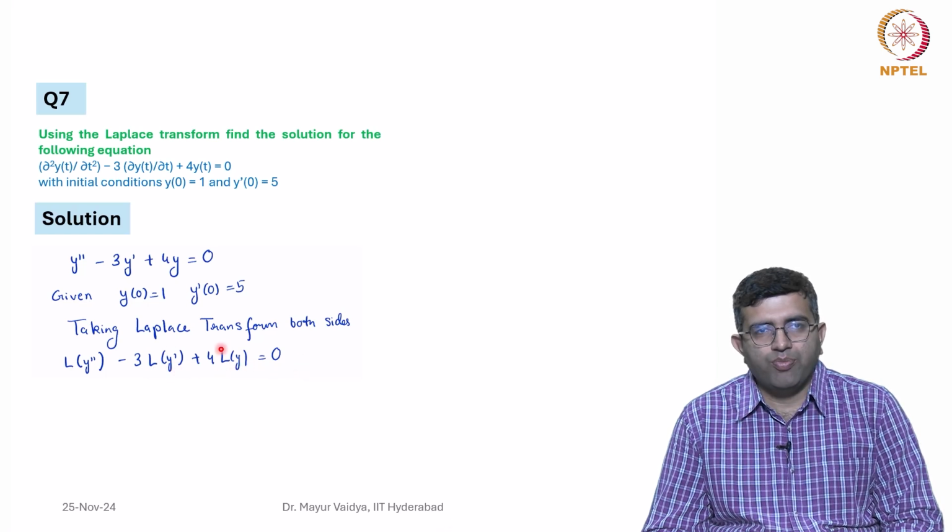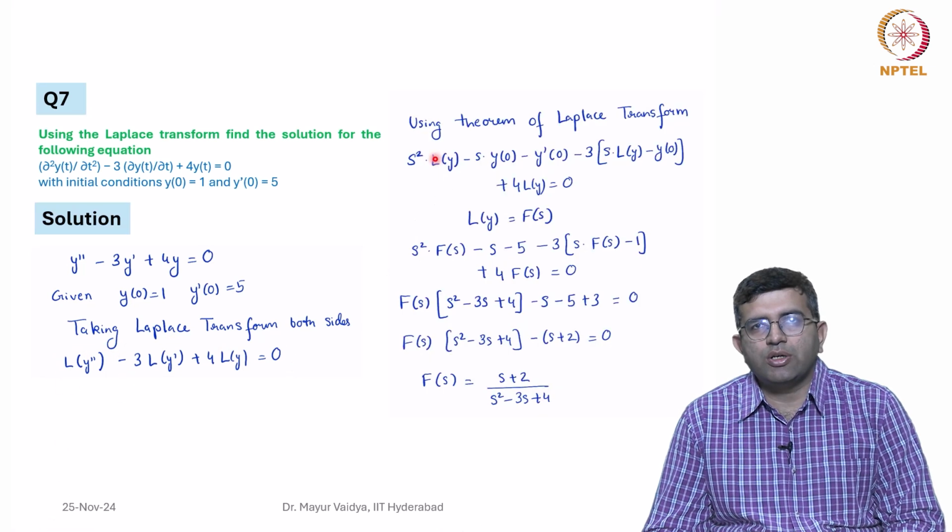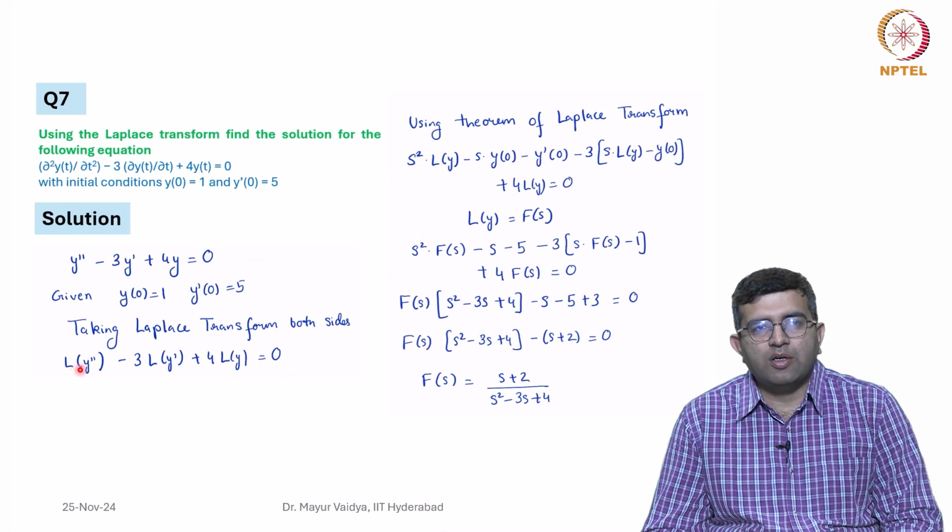Now, according to the theorem that we saw in the last lecture, you can write L of y double dash is equal to s square L of y minus s into y of 0 minus y dash of 0. So this is the theorem that we saw in the previous lecture.